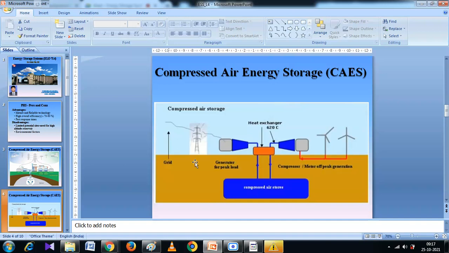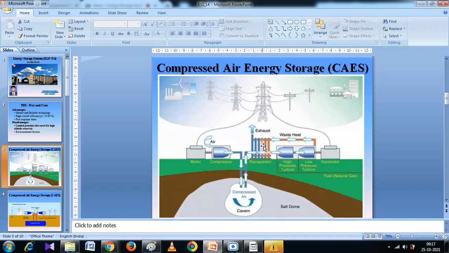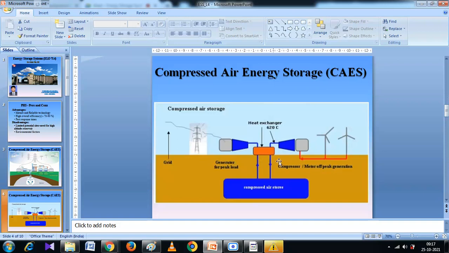In the previous diagram, the heat exchanger belongs only to the turbine and generator set. But here, you can see the heat exchanger is between the compressor and the turbine generator set.